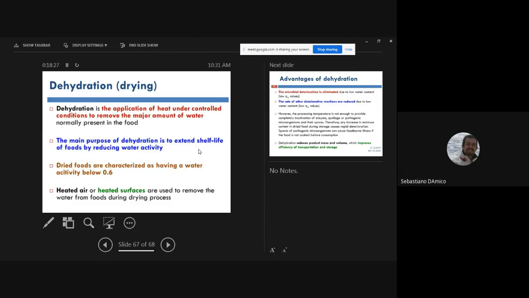The main purpose is to extend the shelf life of food by reducing water activity, which, as we saw before, is the main factor for the proliferation of any microorganism. Dried food is characterized by having a water activity below 0.6. Remember, the scale goes between 0 and 1, so we are halfway through. Heated air or heated surfaces are used to remove the water from food during the drying process.